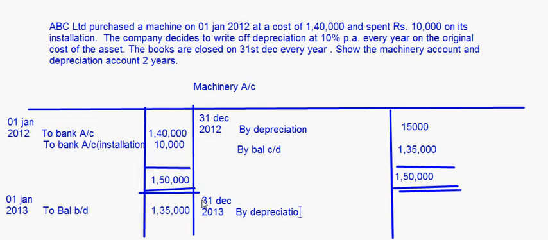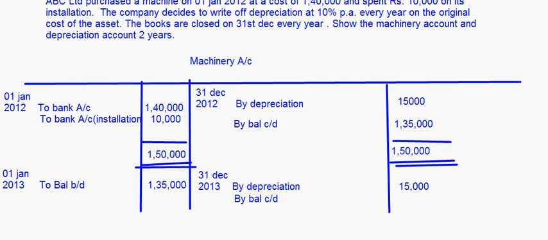So this is 1,35,000. Now again for this year the depreciation is provided at the end, 2013 December 31st. By depreciation the amount is going to be the same for the whole year, right? Okay, so here again it is going to be 15,000, and on this date you will do a balance carried down. So 1,35,000 minus 15,000, you have to balance this.